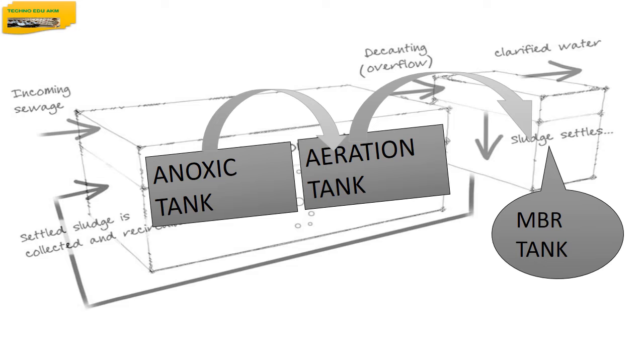So, every operator must be aware of duty and responsibility. Chemical solution preparation. Operating the plant in proper flow. Chemical dosing for centrifuge operation. Nutrient dosing at the aeration tank if required.